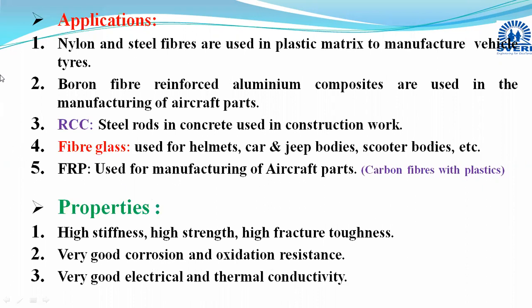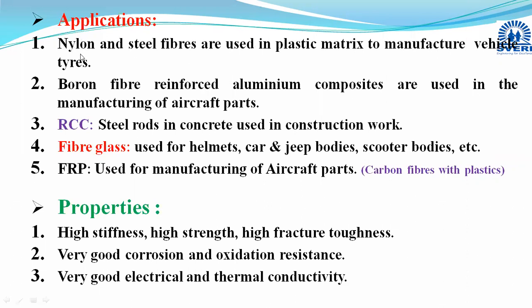Now, I have highlighted some practical applications for these fiber reinforced materials. For manufacturing vehicle tires, we are using composite materials made from nylon. Here, nylon will be the matrix material.